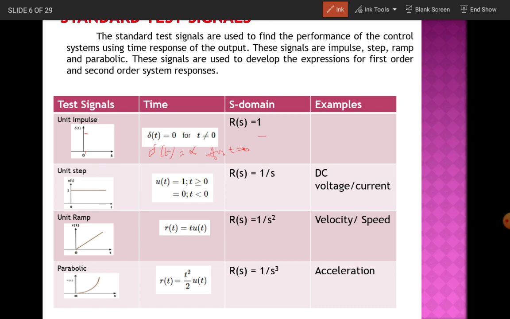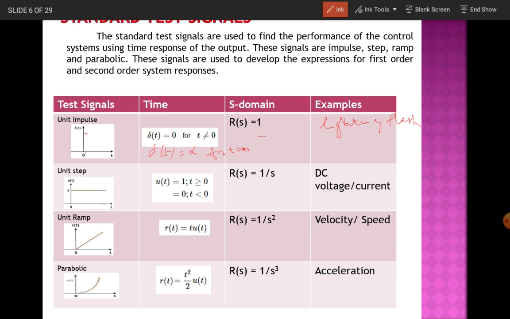Examples are lightning flash. This is the best example. You can see that the flash occurs in a very fraction of second, after that it vanishes.